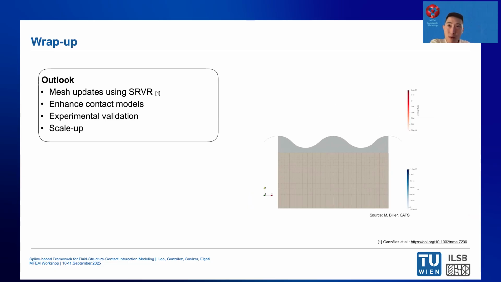But as you see, it just deactivates the corner elements once it splits, so we'll have to come up with an elegant way to manage those. Regarding the contact, we're considering an adhesion model, and validation and scaling up. Of course, increasing the problem size and going to 3D is planned.